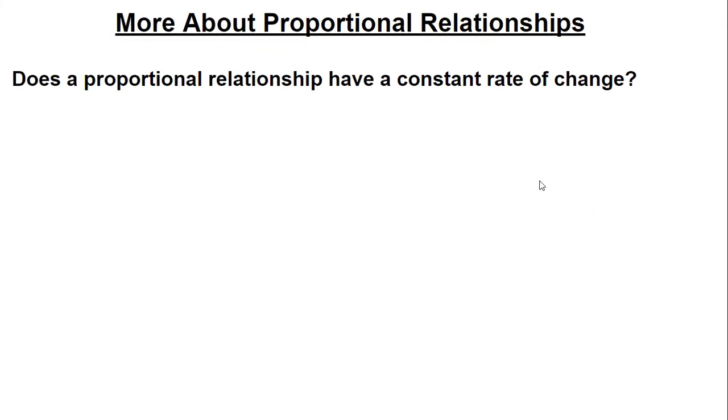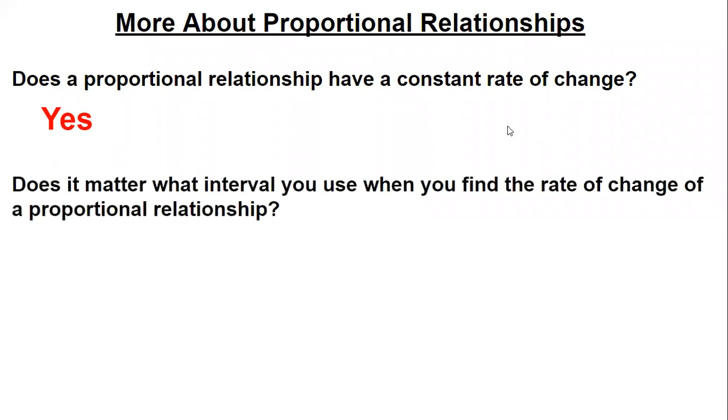Let's do some more about proportional relationships. Does a proportional relationship have a constant rate of change? What did we say about that? Yes, right? You have to have a constant rate of change in order for the relationship to be proportional. Does it matter what interval you use when you find the rate of change of a proportional relationship?